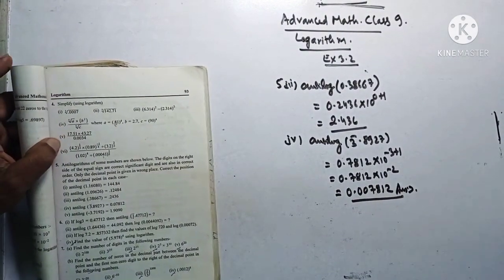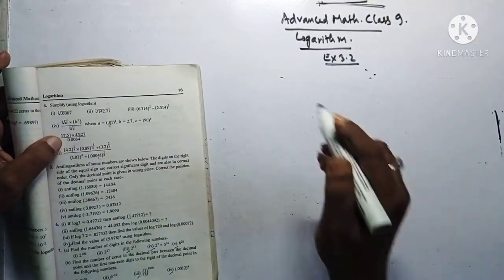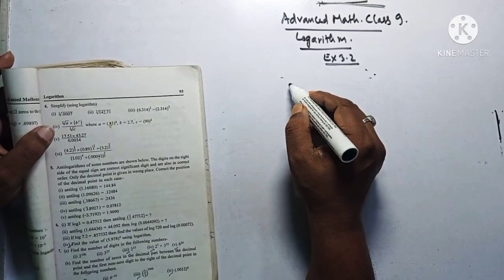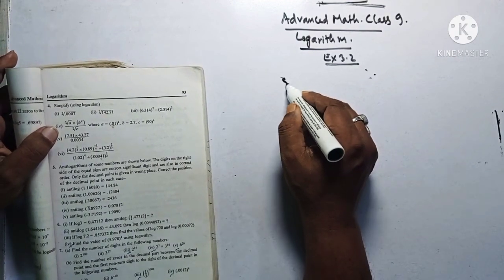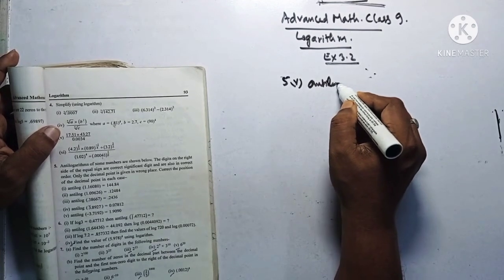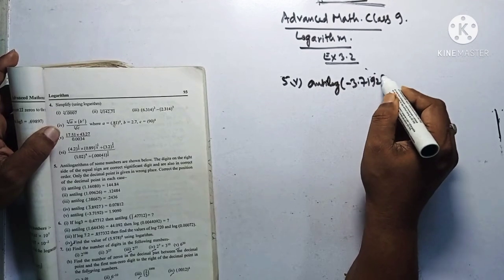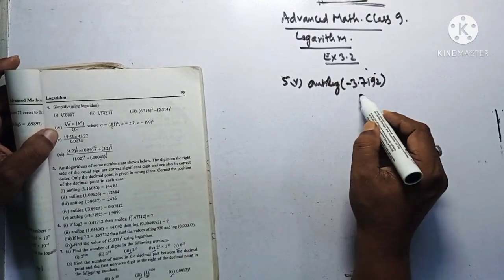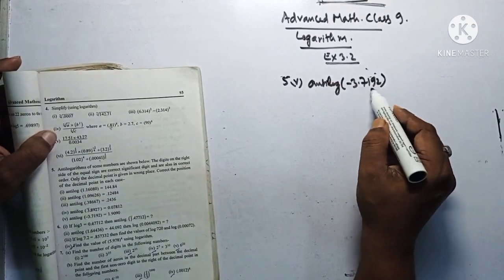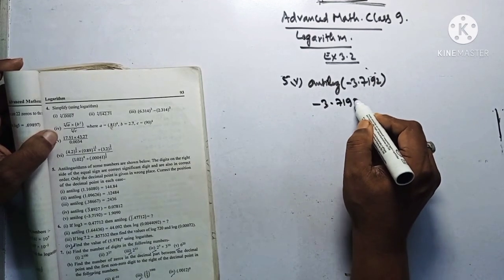Now question number 5. For your question number 5, let me see question number 5. Here you see anti-log minus 3.7192. I have already told you that this mantissa can never be negative, so you have to make it positive.